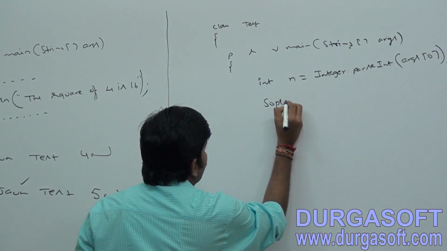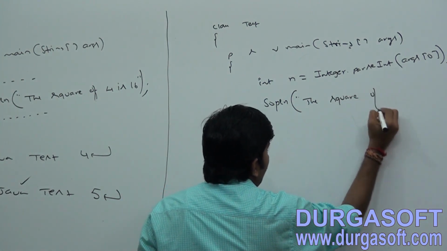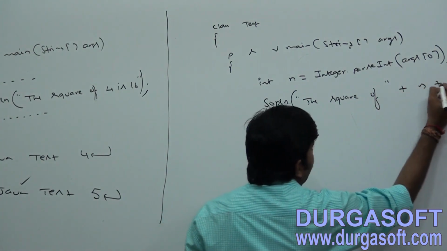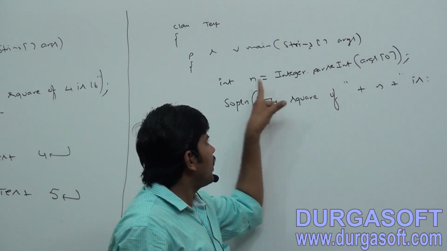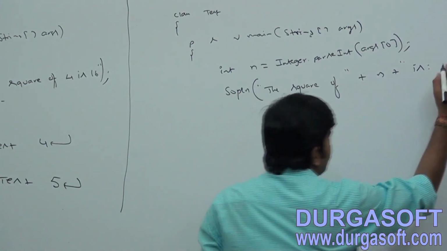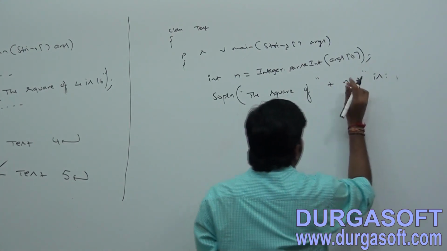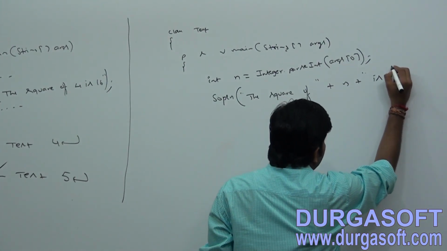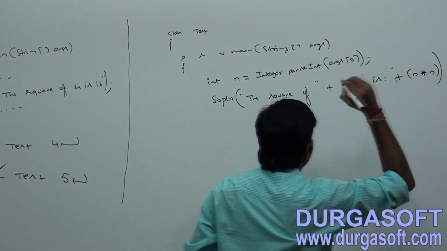Now System.out.println: the square of n is, whatever the value you are passing. The square of 4 is, the square of 5 is. Can I spell out what the square of n is? So plus n into n. Are you able to understand?